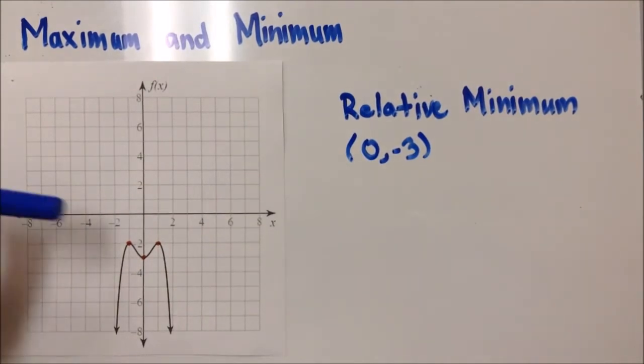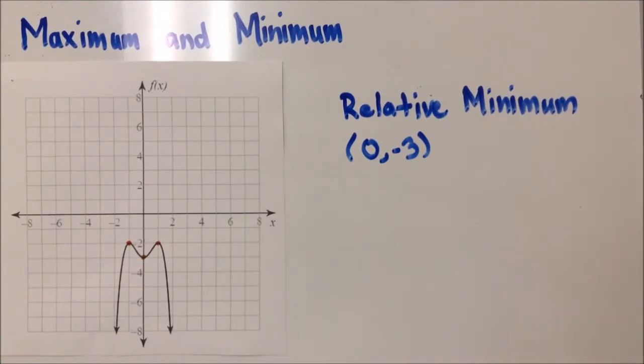So let's take a look at these 2 other points. Since there are multiple points right here, those are going to be classified as maximum, the high value or the greatest value. So since there are multiple, that means there's going to be an absolute maximum.